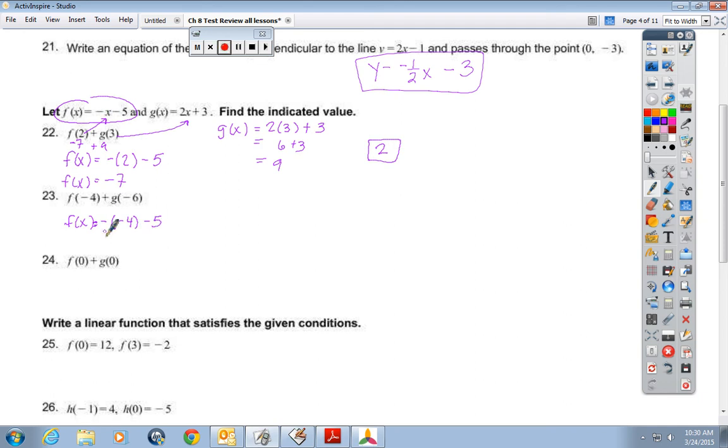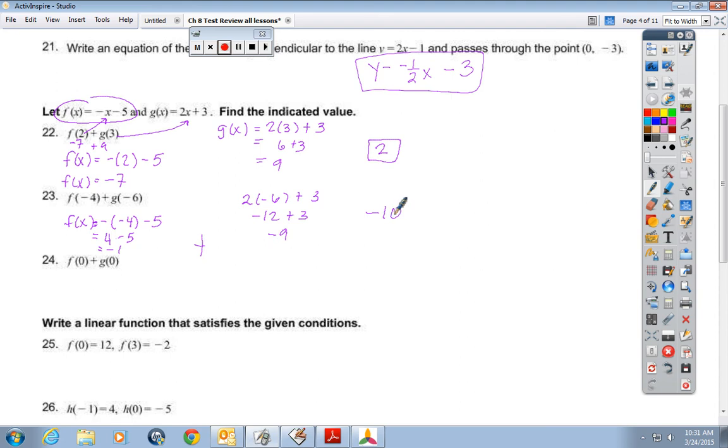And then I'm going to replace this one with negative 6. So what is 2 times negative 6 plus 3? Equals negative 9. So now I'm going to add these two together. Negative 1 plus negative 9, which is negative 10. On that. Okay, and the same thing here.